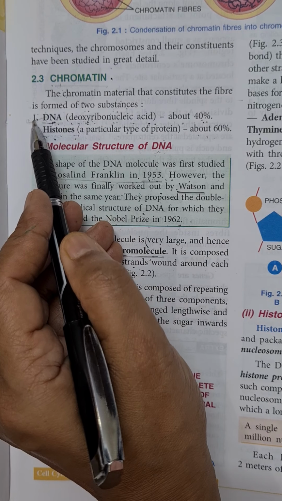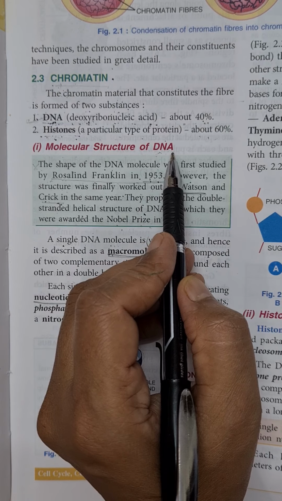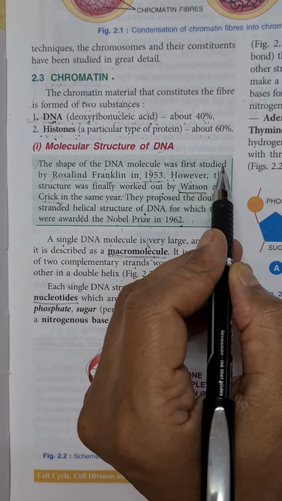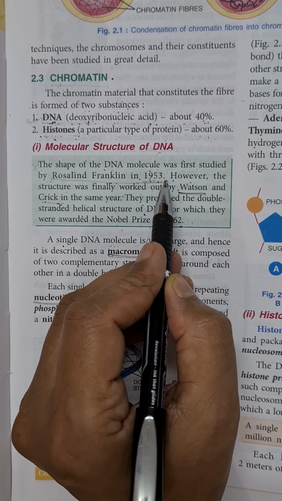Now starting with DNA first. Molecular structure of DNA. The shape of the DNA molecule was first studied by Rosalind Franklin in 1953.